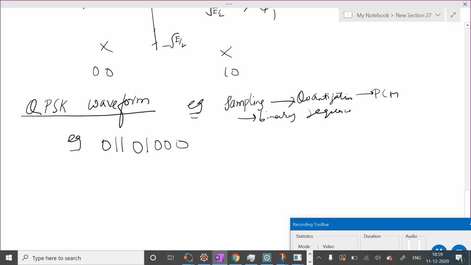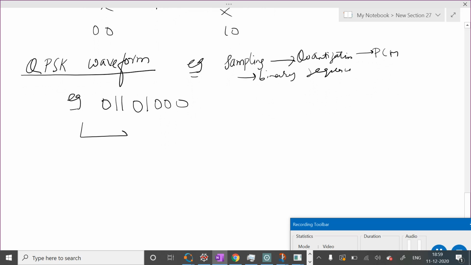So what is done is this sequence is divided into two parts. One, the odd numbered bits, and the even numbered bits.